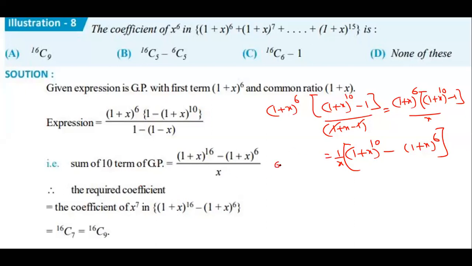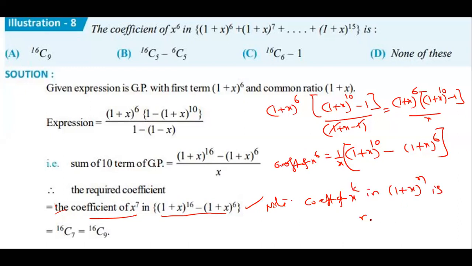The coefficient of x power 6 is the same as the coefficient of x power 7 in this case, because you multiply with 1 by x and you get x power 6. That's the meaning. Now note: the coefficient of x power k in (1 plus x) whole power n is, what is the answer?